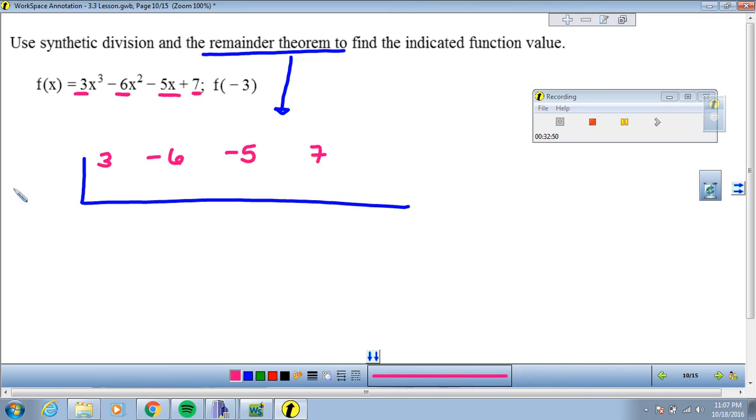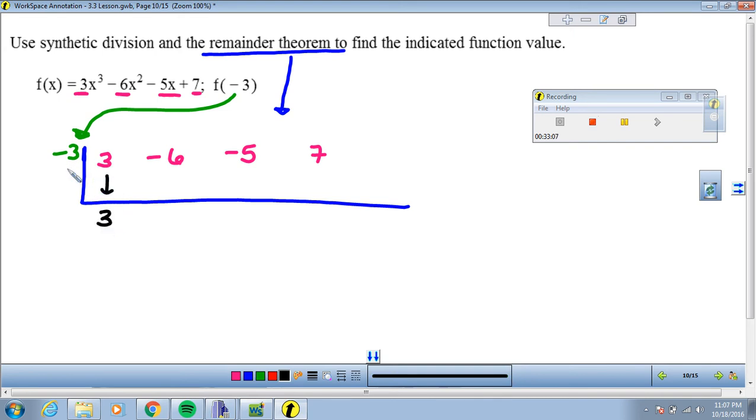You're going to write them down here. On the outside, you're going to copy exactly the number that you see here, negative 3. So you're going to do synthetic division.